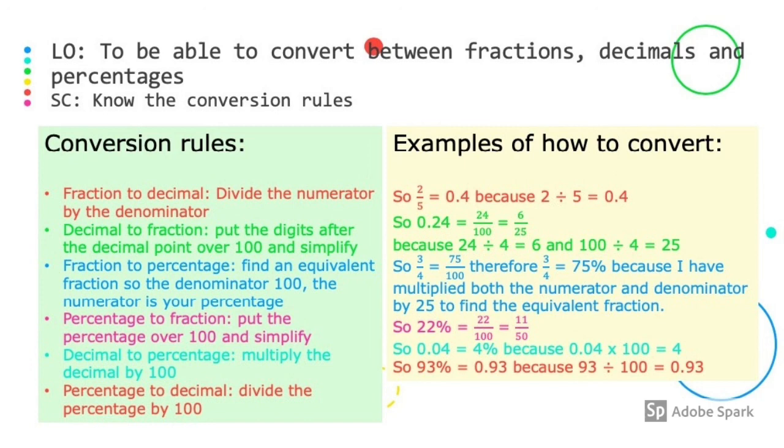So 0.04 is the same as 4% because 0.04 times 100 equals 4. When I want to convert a percentage back to a decimal, all I need to do is divide the percentage by 100. So 93% is converted to 0.93 because 93 divided by 100 equals 0.93.